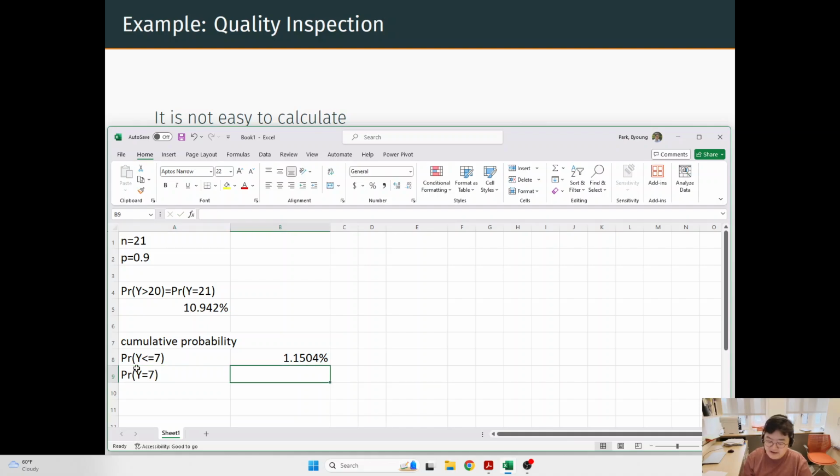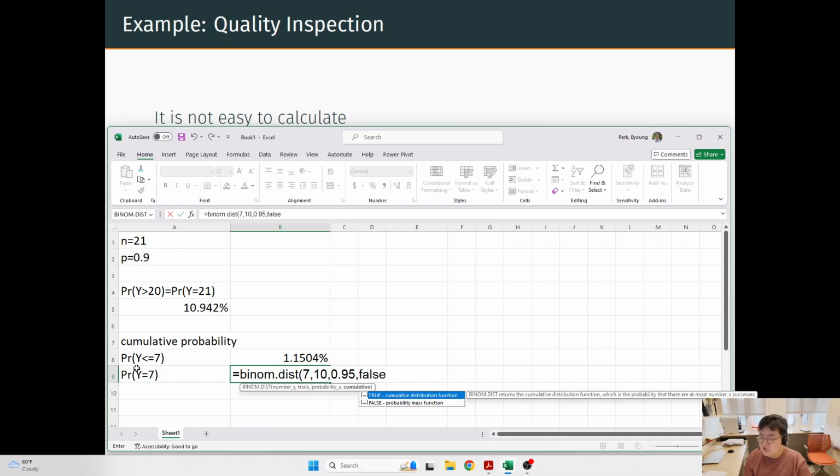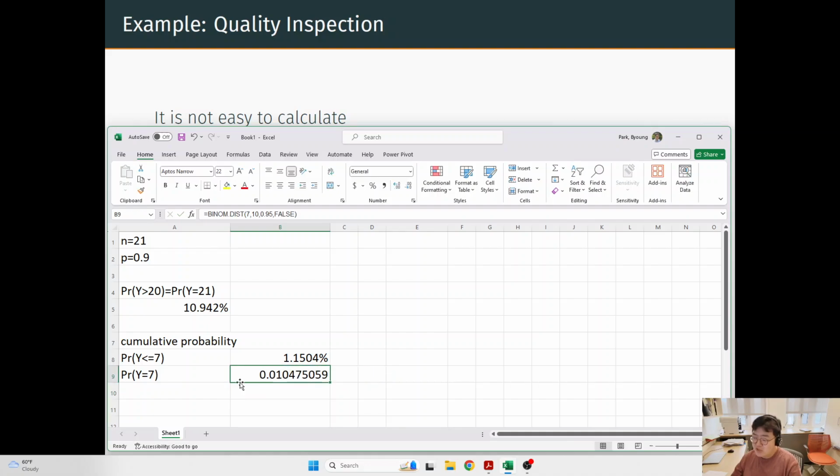So I will show you the difference. If you choose false here, then it returns this probability, the probability of equality, which is different.